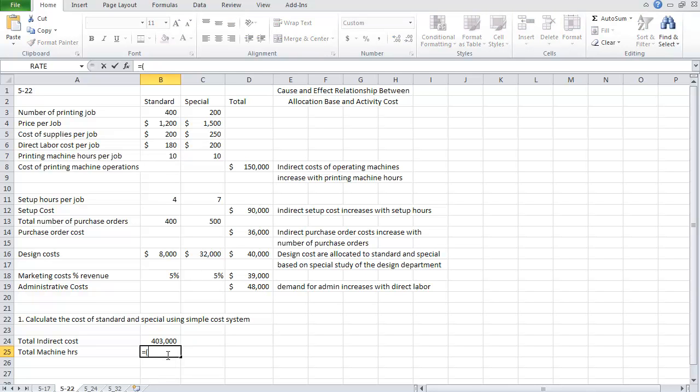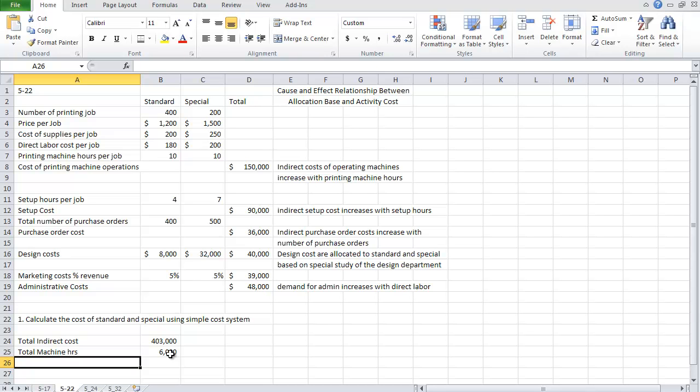So we took 400 print jobs of the standard times 10 machine hours per job, and then we added 200 special jobs times 10 hours per job. And that gives us 6,000 total machine hours that are available.